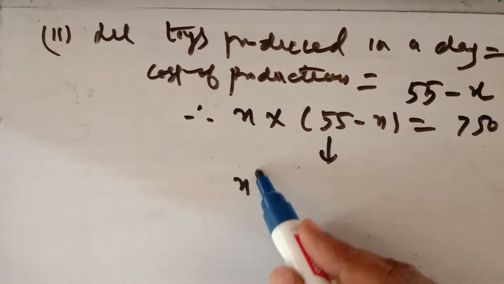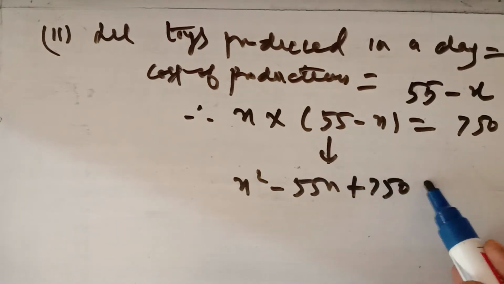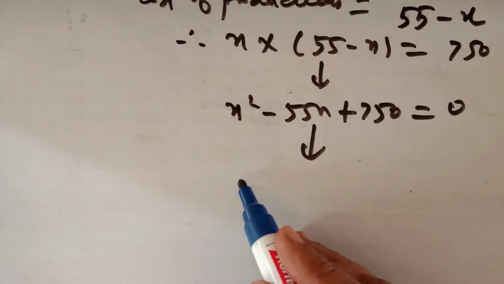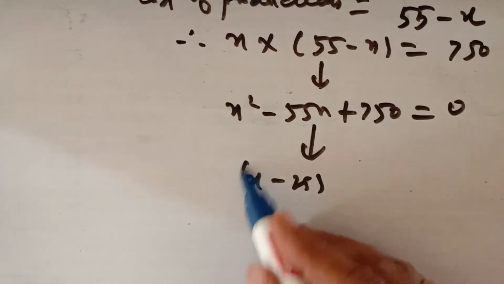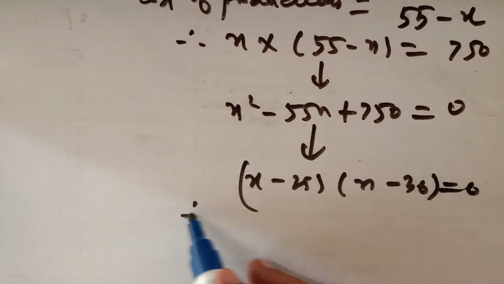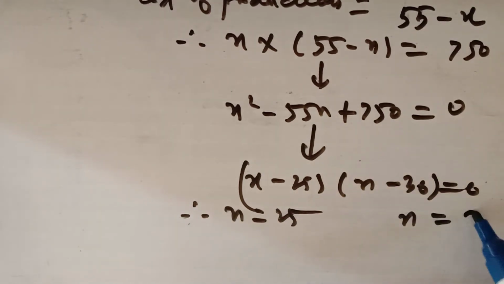Multiply and open the bracket, it will be x square minus 55x plus 750 equal to 0. When you solve this quadratic equation by factorization, splitting the middle term, you will get x minus 25 and x minus 30 equal to 0. So therefore x is equal to 25 and x is equal to 30.